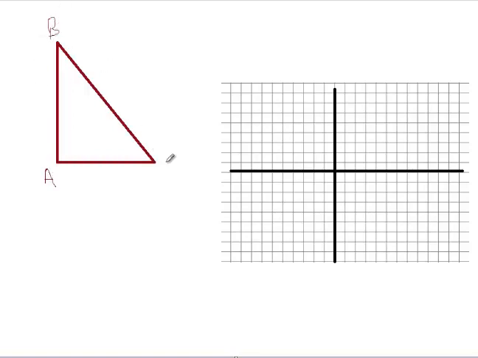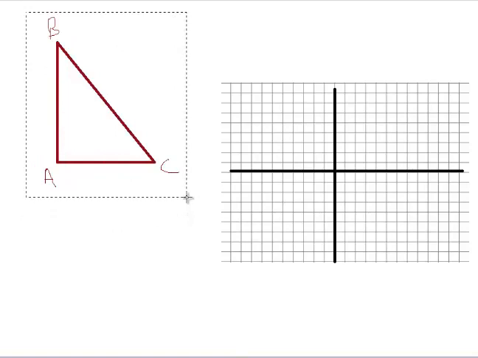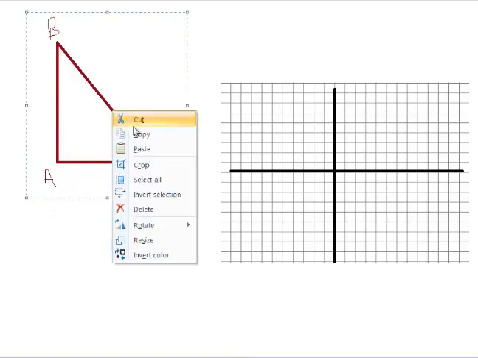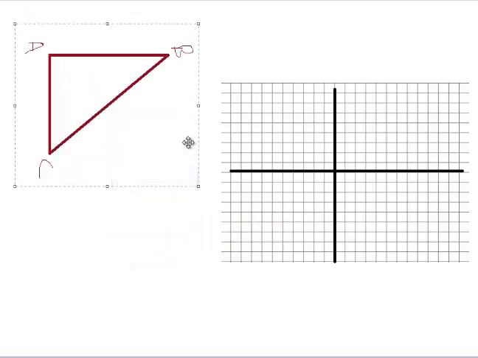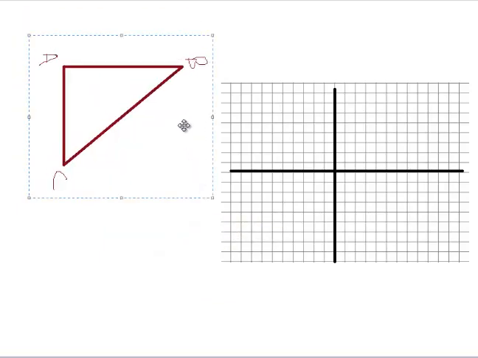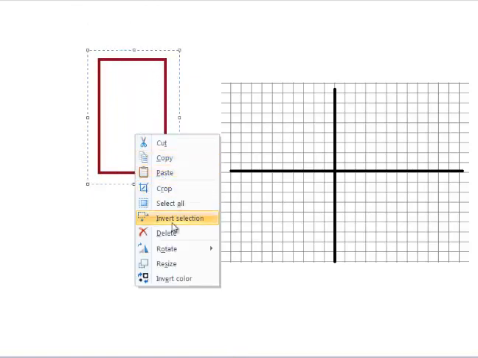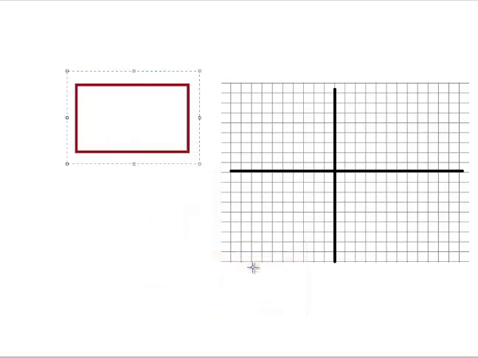Same thing is true with other shapes, of course. With a rotation, you can flip it 90 degrees to the right, 90 degrees to the left. A rotation of 90 degrees, let's say 90 degrees to the right, which Paint will actually do for you, just kind of turns it on its side. Same thing is true with a rectangle. If I have a rectangle that looks something like this, and I rotate it, this time let's rotate it to the left, it also kind of flips on its side.